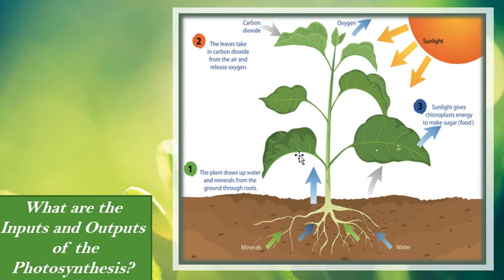Now, after that, the leaves take in carbon dioxide from the air and release oxygen. So the leaves absorb the carbon dioxide. Where does the carbon dioxide come from? So take note that we animals are producing the carbon dioxide, right?